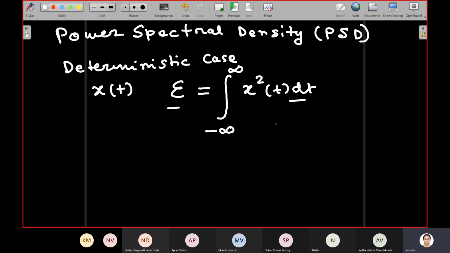If you calculate its energy, it is infinite. How will you distinguish two sinusoidal signals? Both have infinite energy, so there has to be some other means to distinguish these two signals. Although they have infinite energy, they can have finite power.